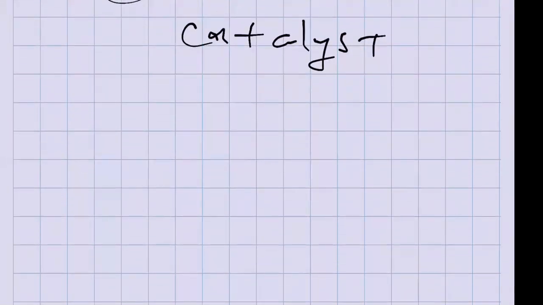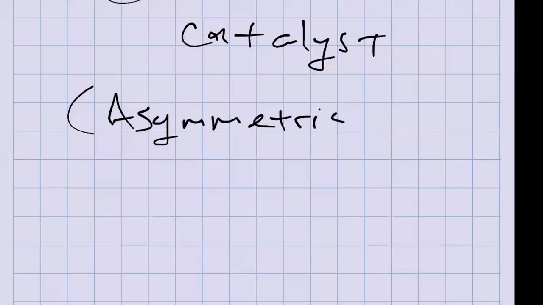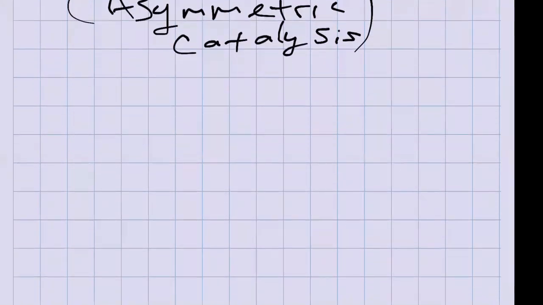This method is normally called asymmetric catalysis. And so what you do when you're doing this method is you take a metal, some type of transition metal catalyst, and you stick a chiral ligand on it.